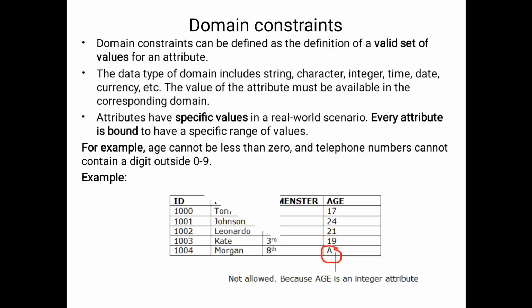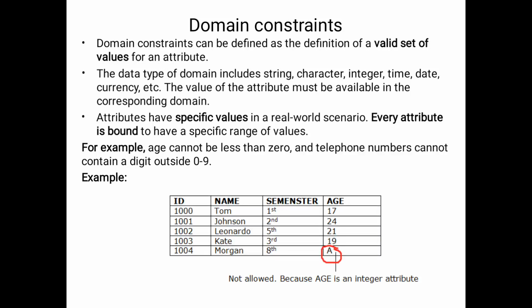If you want to declare a column named id, id is in number format, so we have to give the data type as integer. Numbers are available in the integer data type only.